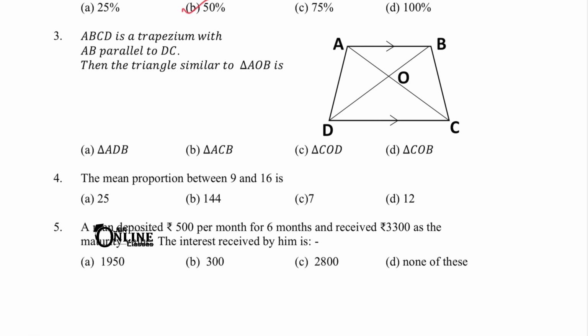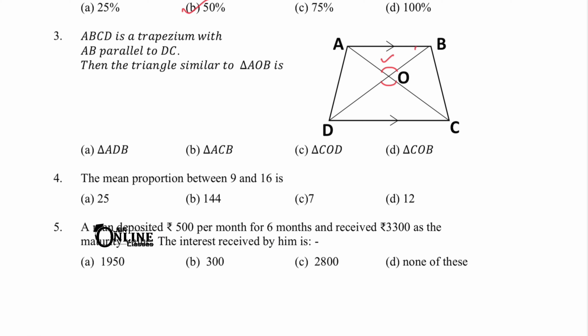Next one, ABCD is a trapezium with AB parallel to DC. Then the triangle similar to AOB. AOB means this one, the upper triangle. So here AB parallel to DC, that means first this angle is equal to this one. You know that it's a vertically opposite angle. Clear?